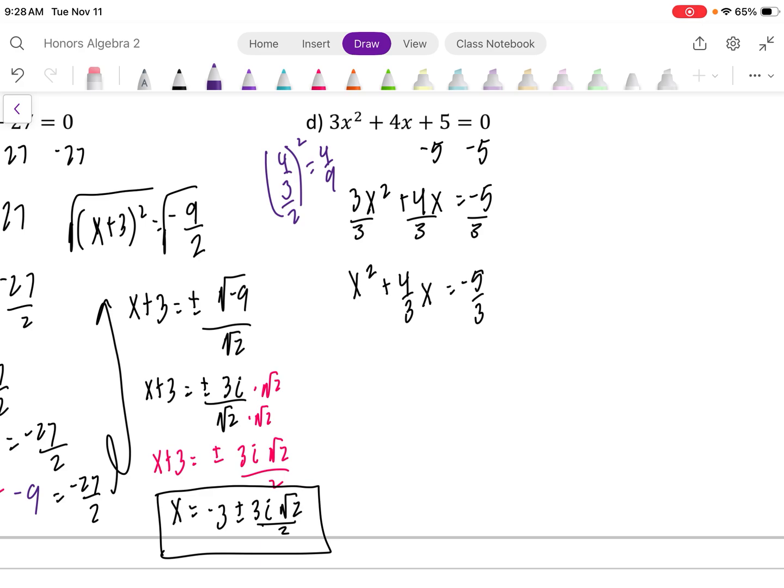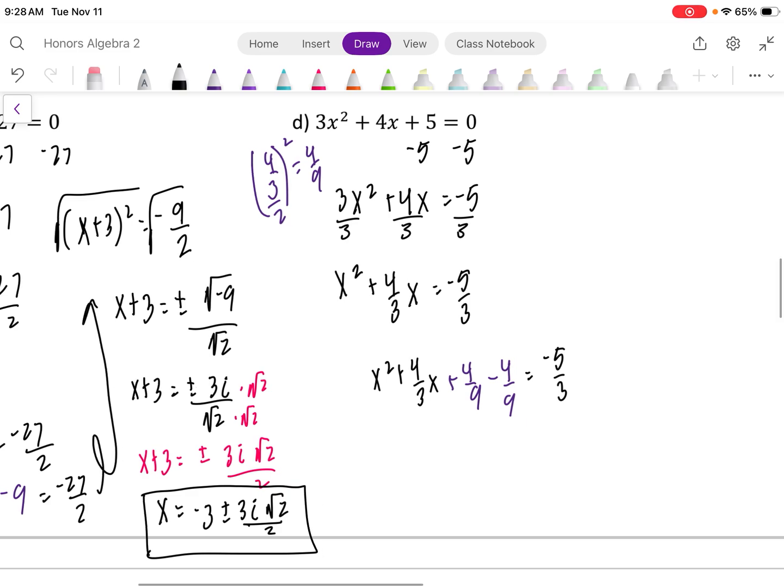So this is going to be x squared plus 4/3 x plus 4/9 minus 4/9 equals negative 5/3. Okay, here is your pink box. You know you did it right if you have perfect squares in the last purple one, because you just take the square root of the 4 and the square root of the 9, and that's how you factor it.